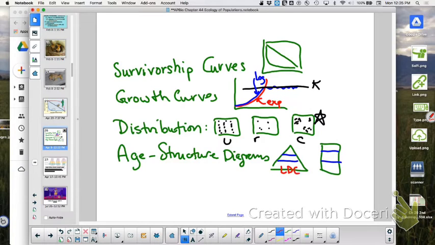Less developed country, and this is a more developed country. And then what are these 3 designations? Pre, repro, and post. Good. And can you do transitions? Yeah. Remember we were talking about demographic transition, and here this population is going to keep getting larger and larger and larger. Okay. What else did we learn?